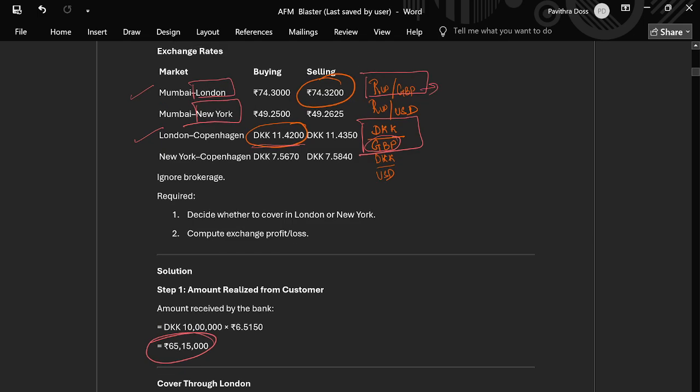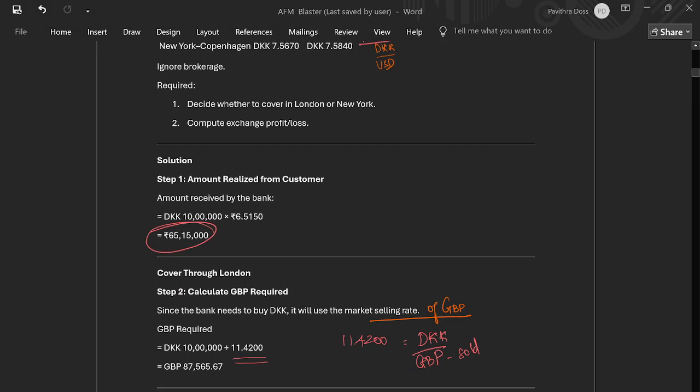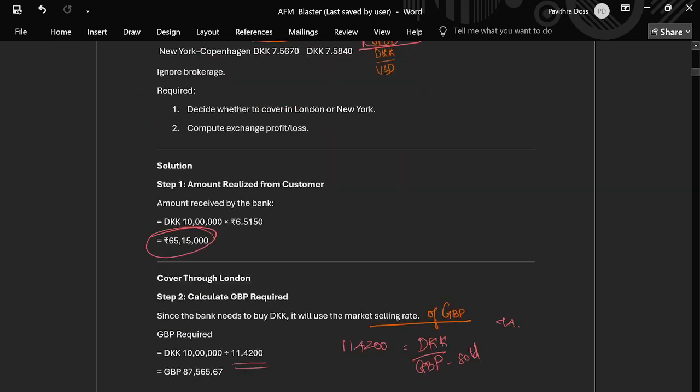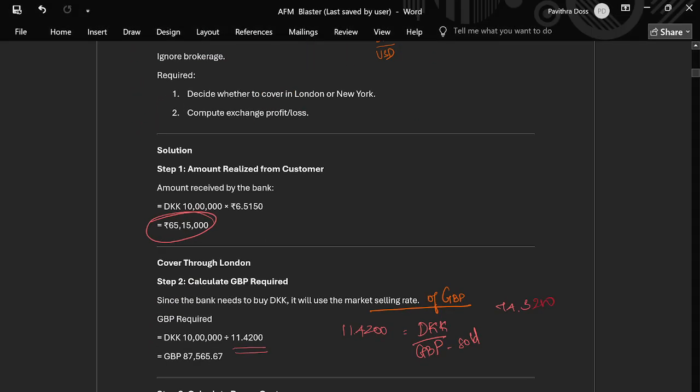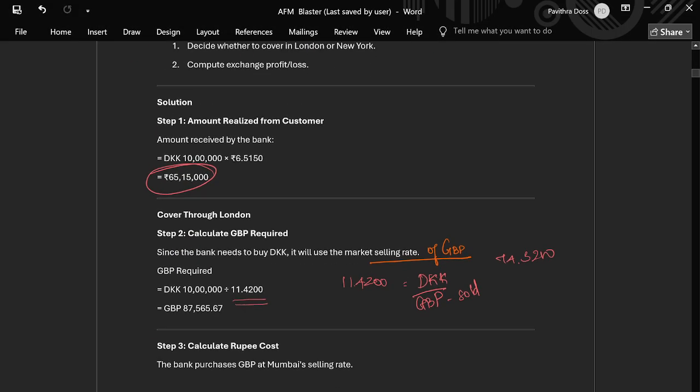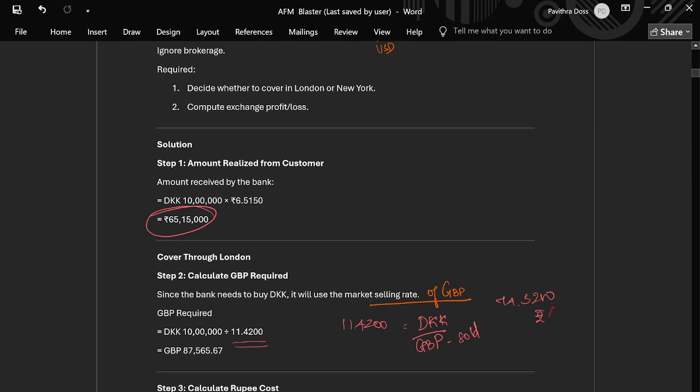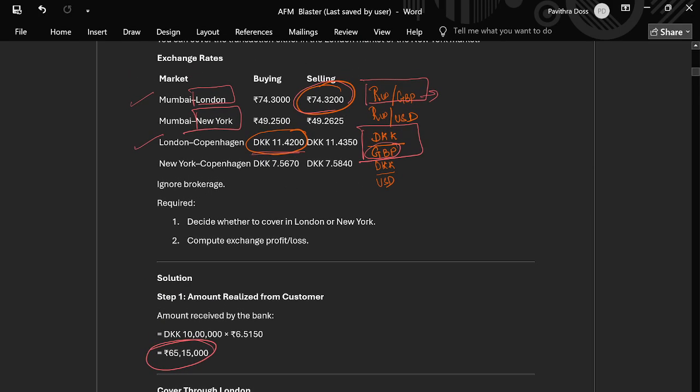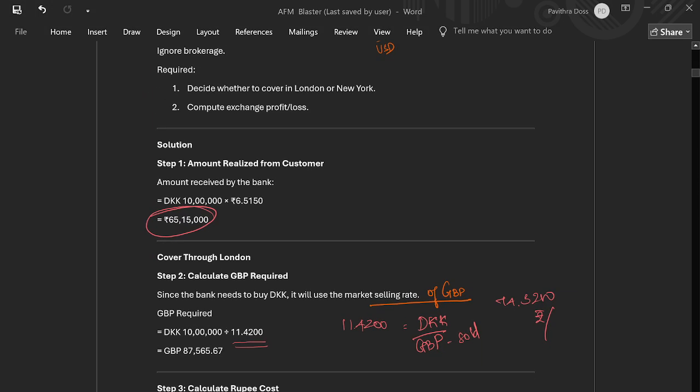Clear? Because already you have sold. There we are going to buy GBP, which means you will be taking the highest rate, which is 74.3200. Clear? 74.3200, which is our rupee per GBP.